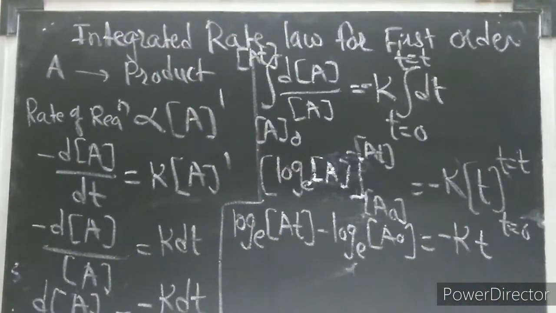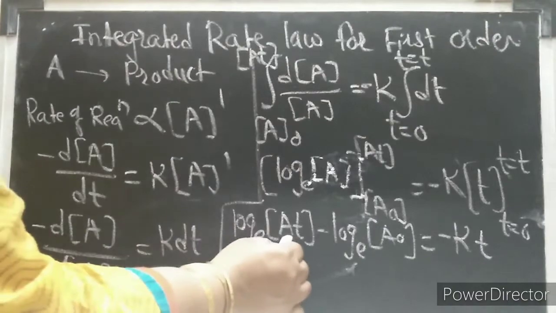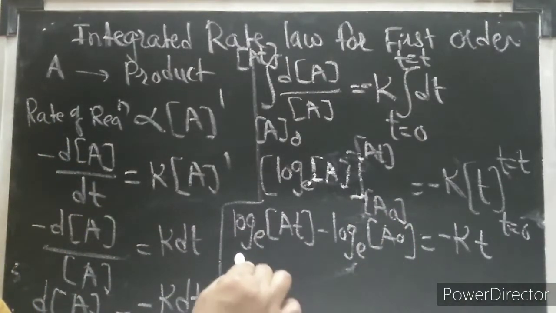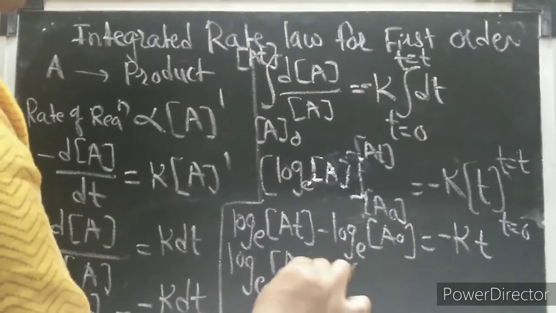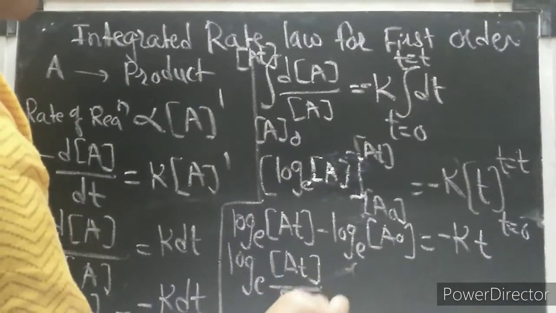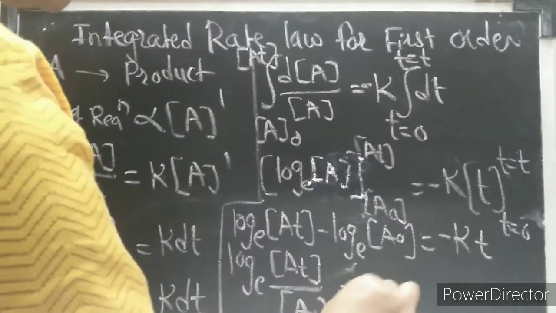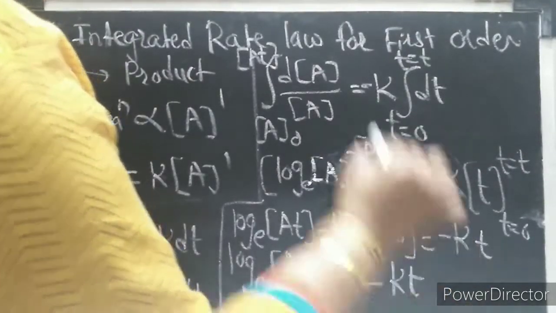So minus kt. Log to the base e At minus A0. What it means? Log to the base e At upon A0 is equal to minus kt.